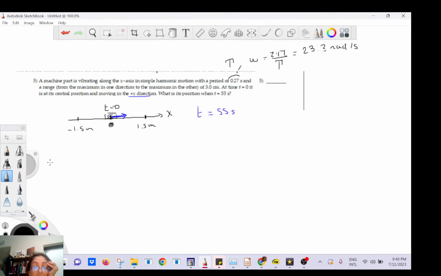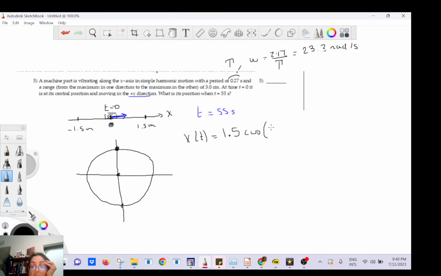So again, it helps if you make the circle here. And so that means at t equals 0, it should be here, or it should be there. If we use the cosine, the magnitude is 1.5, that's going to be cosine 23.3 t plus phi.